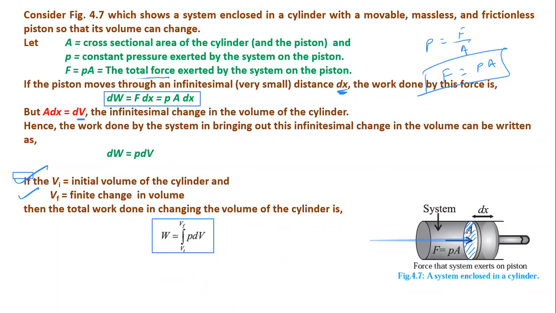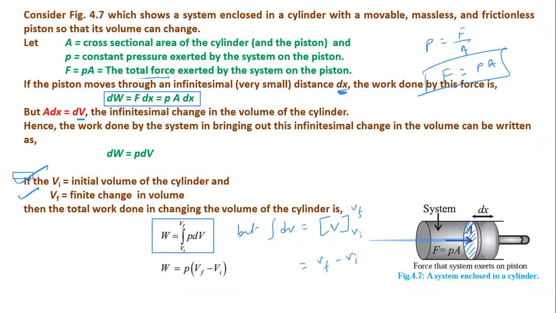So let me integrate this equation. After integration, you remember the integration of dV is V. The limits are Vi and Vf. As we substitute the limits, we get Vf minus Vi.